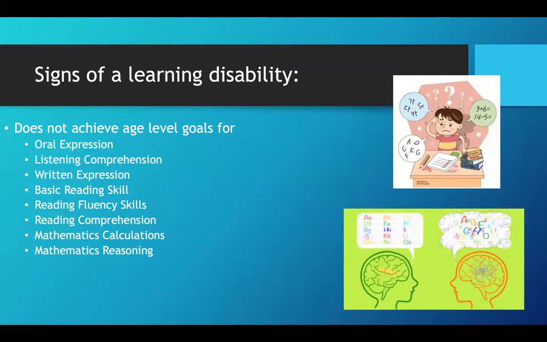The student is not matching the age level goals for their oral expressions, their listening comprehension, their writing expression, their basic reading skills, their reading fluency skills, their reading comprehension, mathematic calculations, math reasoning. Any or all of these that are exhibited can potentially lead to a diagnosis of a learning disability.